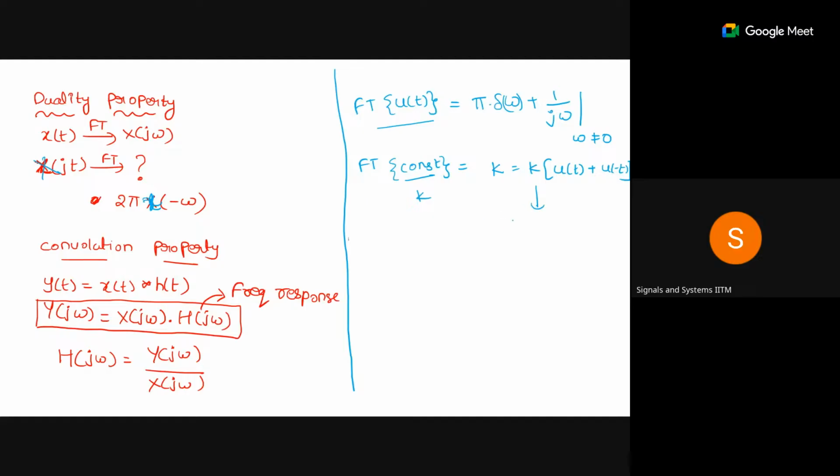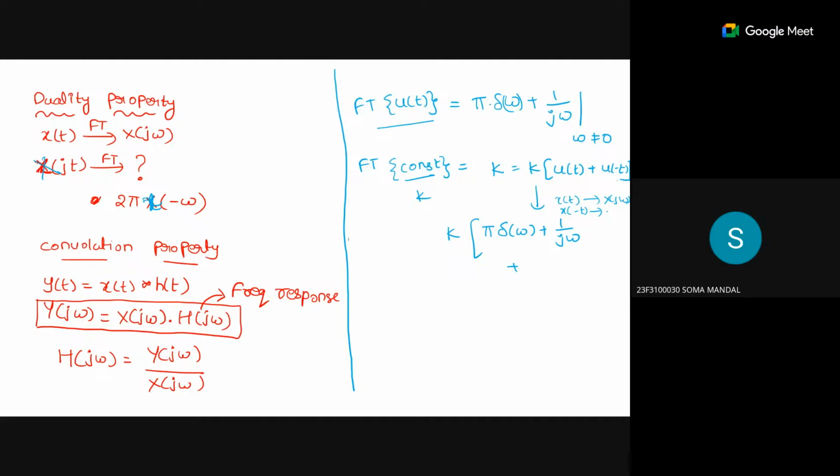When we do the Fourier transform, it will be k times, for u of t, pi times delta omega plus 1 by j omega, plus, for this we have to apply the property of reversal. For x of t it is x of j omega. How about x of minus t? Can anyone tell what is the Fourier transform of x of minus t?